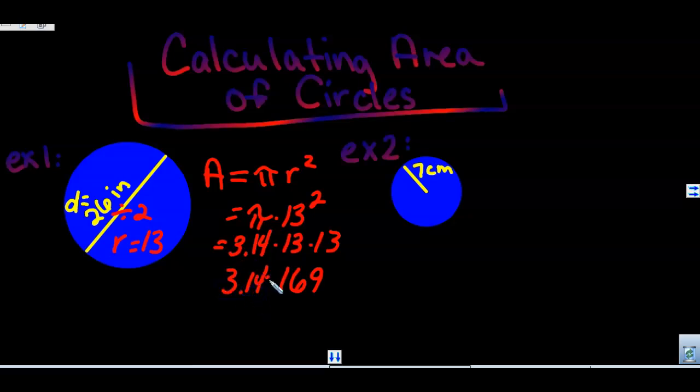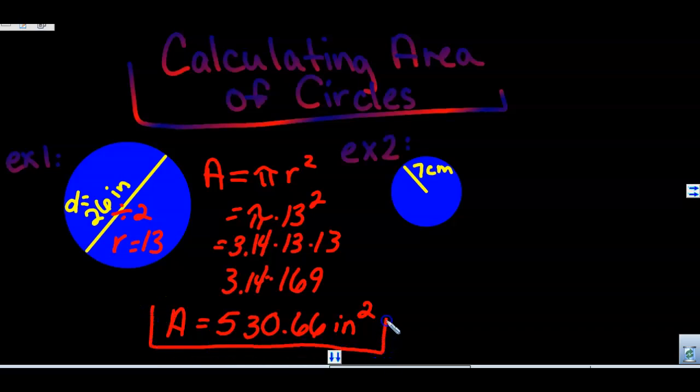Times that by pi, to get 530.66. Don't forget our label. We're talking area here, so remember that that is a two-dimensional measurement. We're talking about squared units. So our area is 530.66 inches squared.